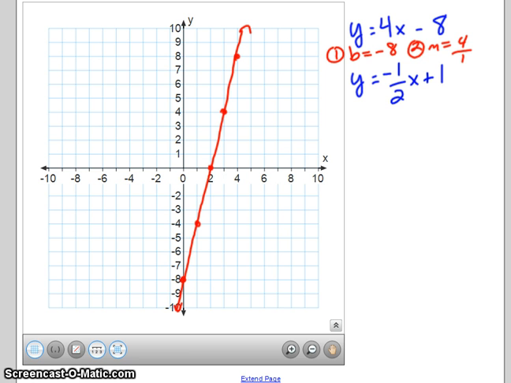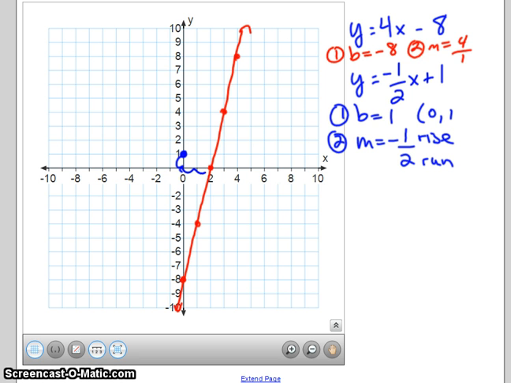Second graph. Y equals negative 1/2 x plus 1. B equals 1, or 0, 1. The slope is negative 1/2. So we're going to rise negative 1, or go down 1, and then run 2.